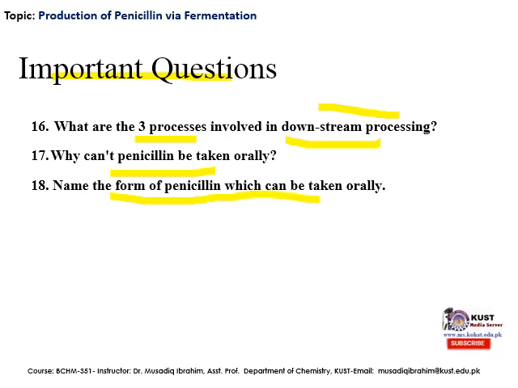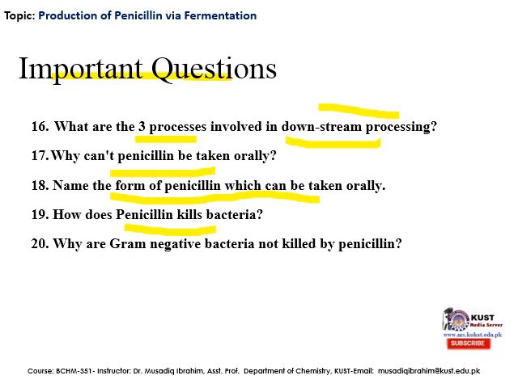That is a trivial question, so you should be able to answer it. And how does penicillin kill bacteria? You need to look up the mechanism of action of penicillin. And why are gram-negative bacteria not killed by penicillin? That is also a conceptual question, and you should be able to answer it by looking it up online or consulting relevant course books.